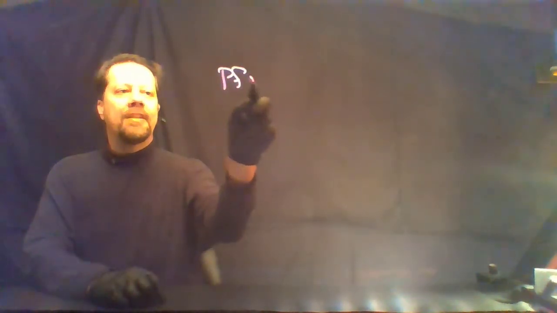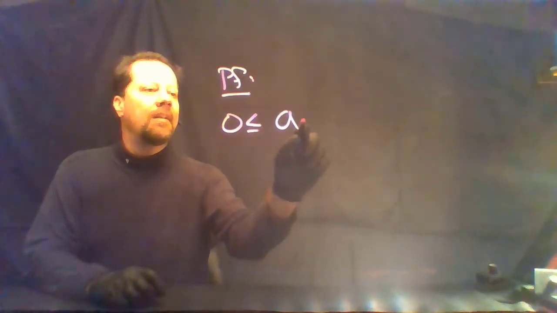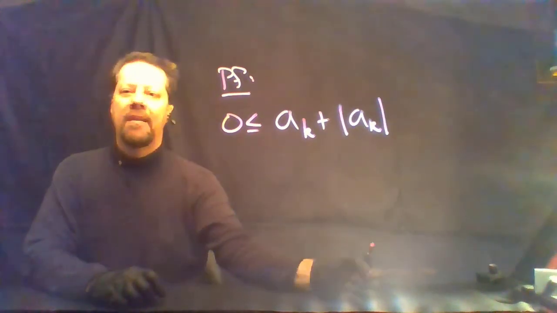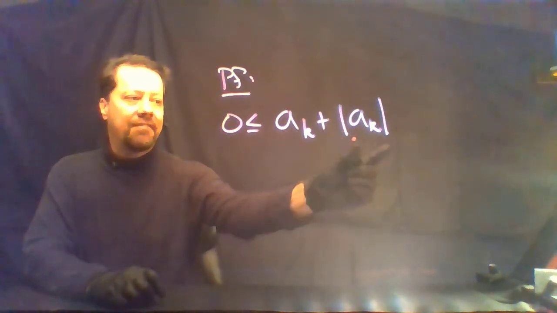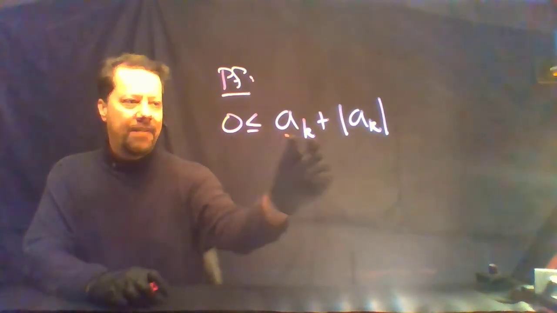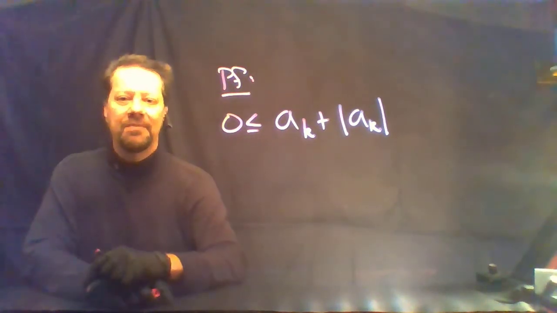To prove this, consider that 0 is less than or equal to a_k plus the absolute value of a_k. If a_k is negative, the absolute value will cancel this and you'll get 0. If a_k is positive, then both of these terms are positive and you'll get something greater than 0.